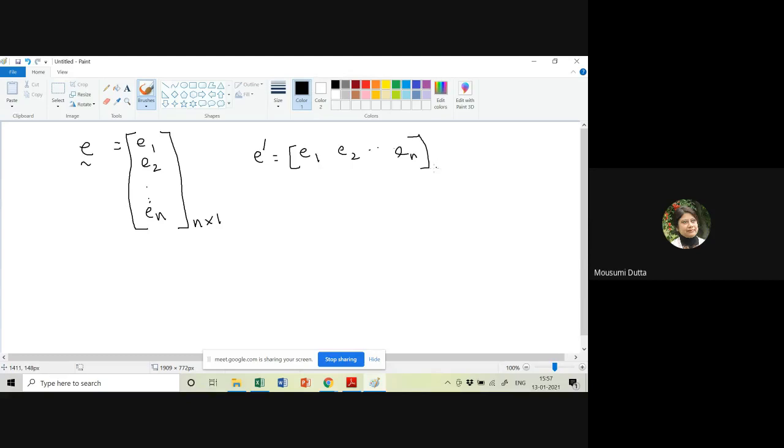What is the order of this E prime? 1 cross n. So if I consider E prime E, what basically we are doing, we are multiplying the row vector with the column vector. Everybody?